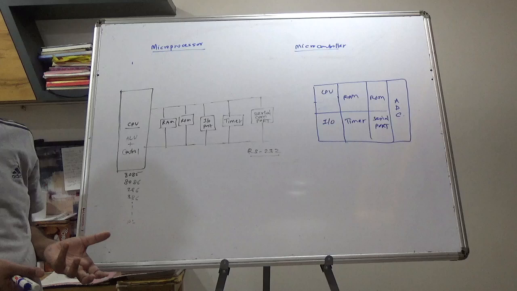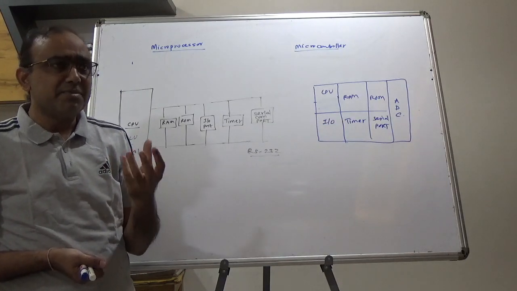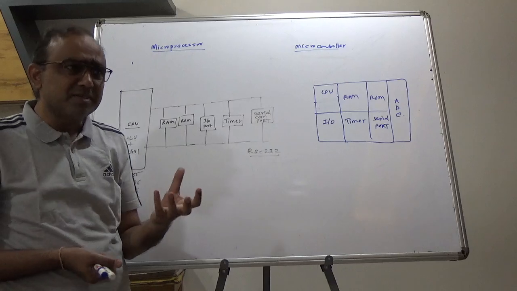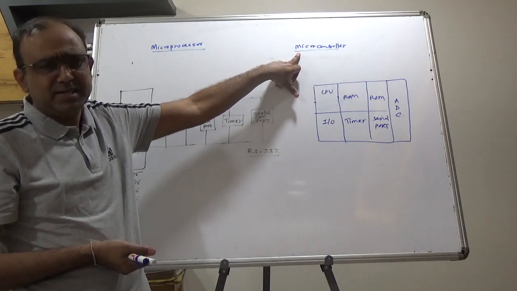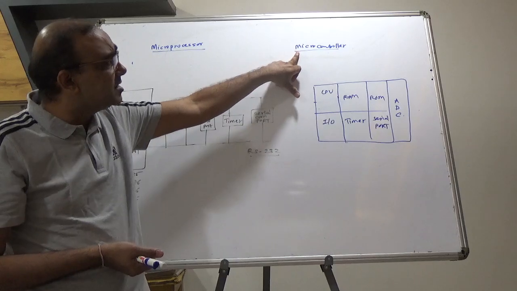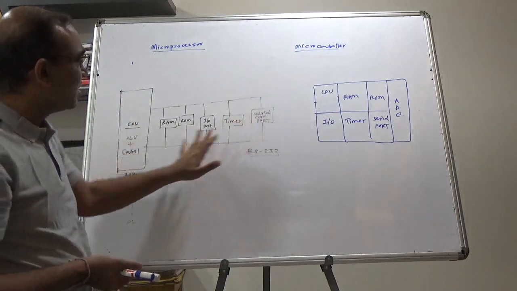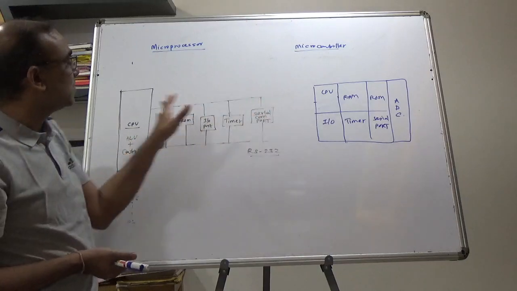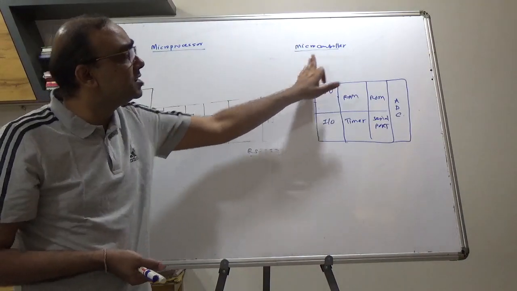For small applications where we have constraints of size, constraints of memory, and so many constraints, we can go for a single chip application. That single chip is called a microcontroller. So where all these components are externally connected to a microprocessor, in a microcontroller we find a single chip.